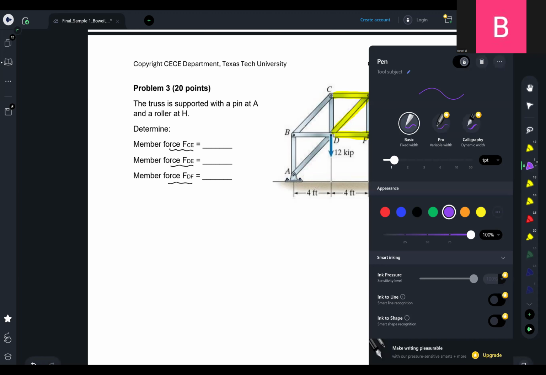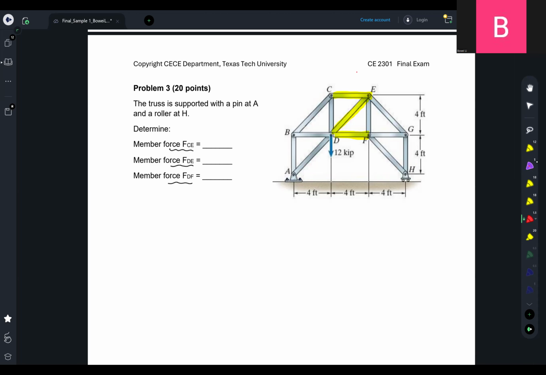It is the three members that we highlighted here. So if we have a knife to cut through that, by imagining that we cut through the three members, we actually cut the truss structure into two pieces, right? One part is A, B, C, D, and another part is E, F, G, H, right?